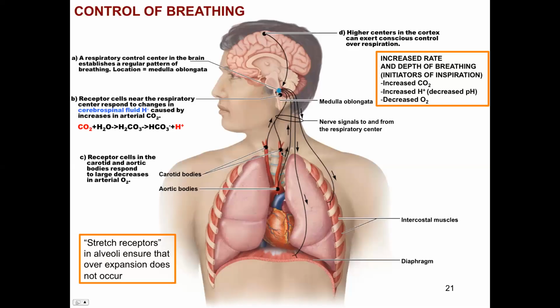So if we have decreased concentration of oxygen and increased concentration of acid, that's going to signal our respiratory control center to increase our rate and depth of breathing. So increased CO2, increased hydrogen, and decreased O2 will all converge upon the respiratory control center and say we need to increase our depth and rate of breathing, okay?